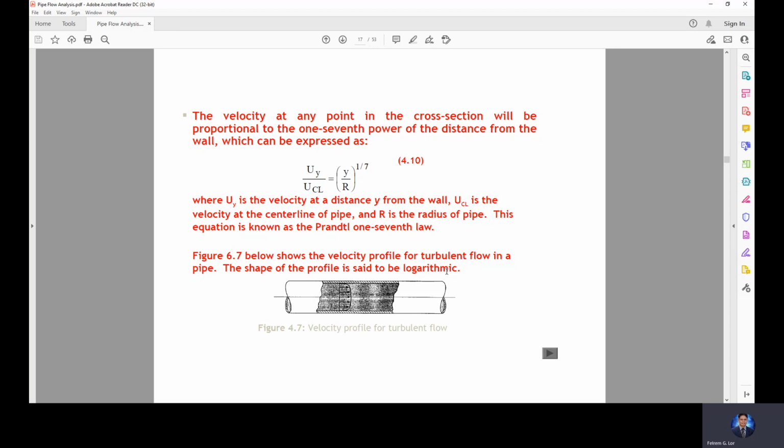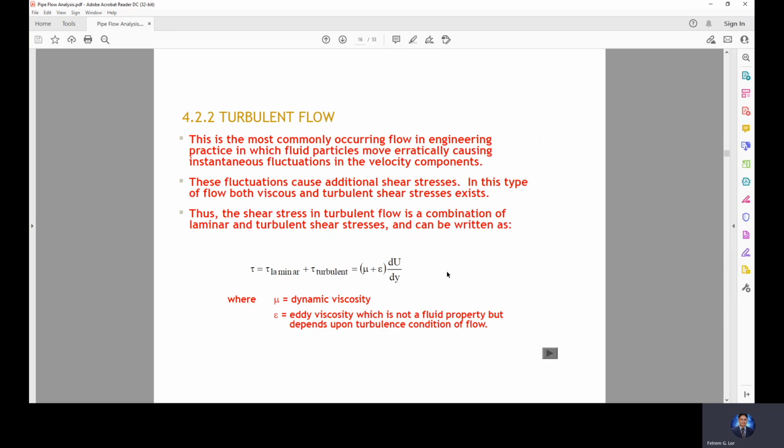The figure below shows the velocity profile for turbulent flow in a pipe. Earlier, the velocity profile was parabolic. But for turbulent flow, the profile is estimated to be logarithmic. Same concept, but a different approach and different equations.